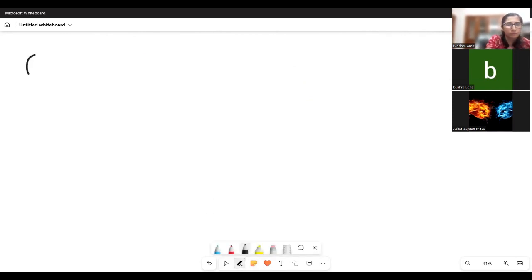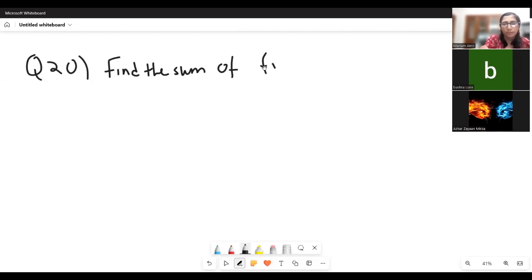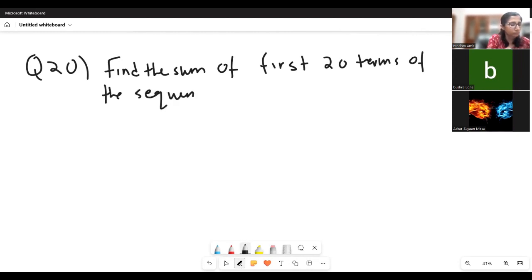Question 2 is: find the sum of first 20 terms of the sequence 2, 5, 8 and so on.